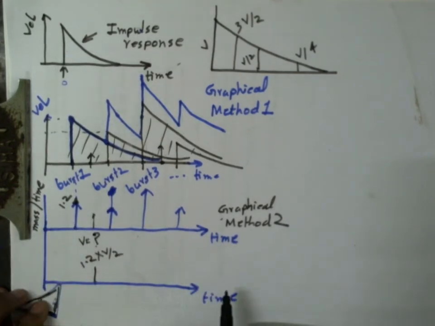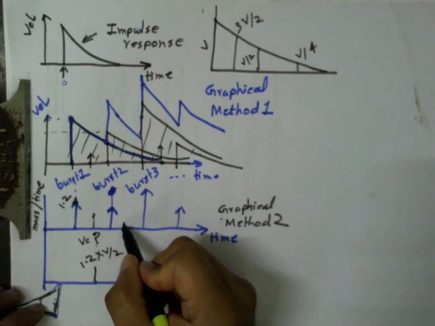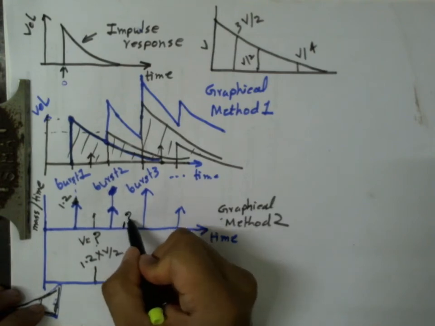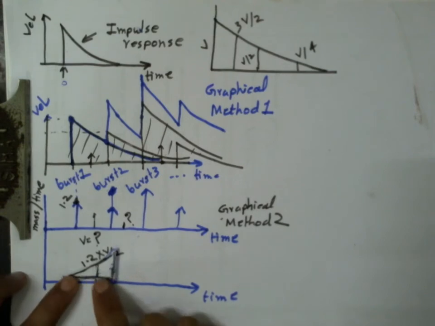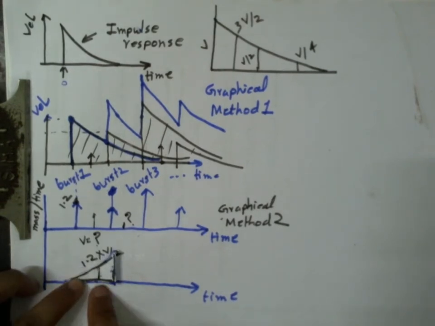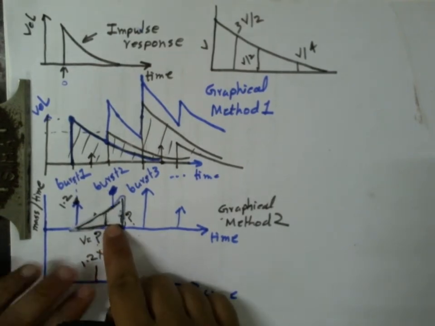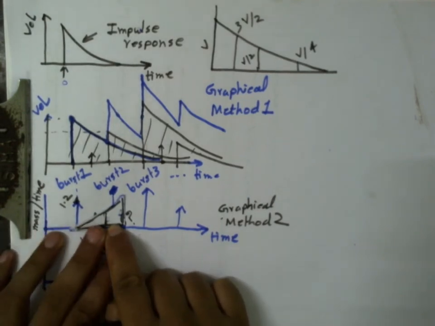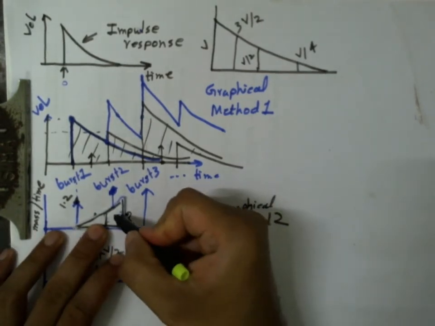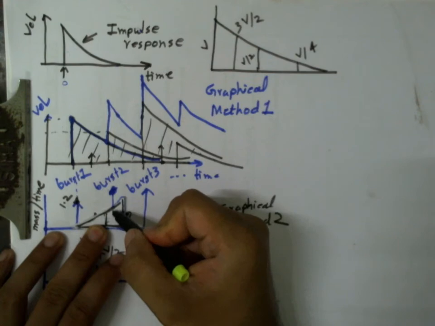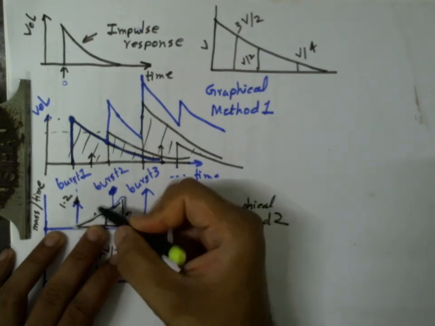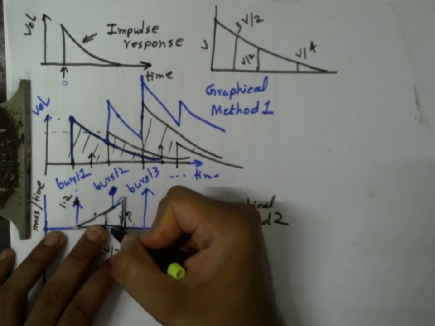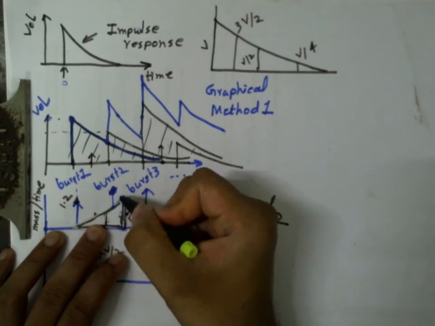Similarly, if I am interested to know the velocity at this point, I have to put this template, the flipped impulse response, at this point, right? And now I see that there are two impulses behind this instance which overlap with this flipped template.